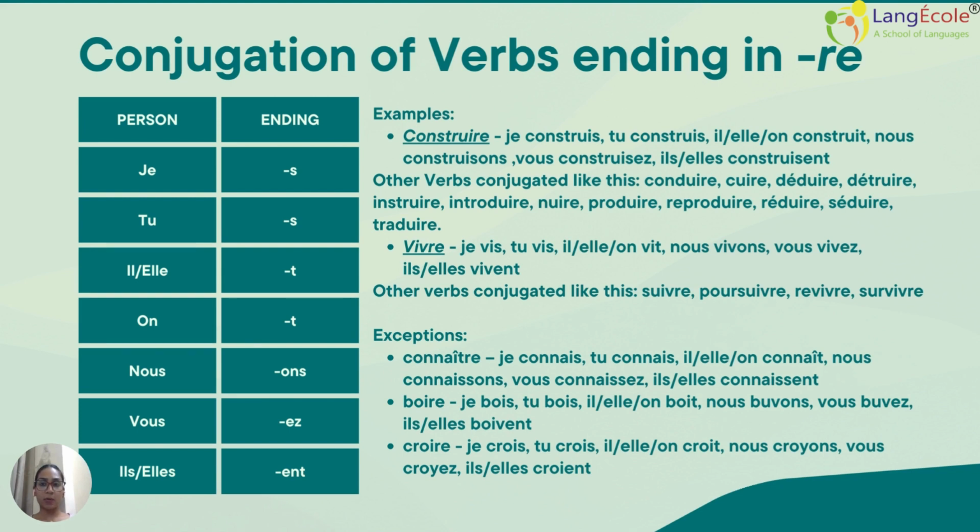The next type of verbs are the verbs ending with RE. They are conjugated similar to how the dormir verb was conjugated.